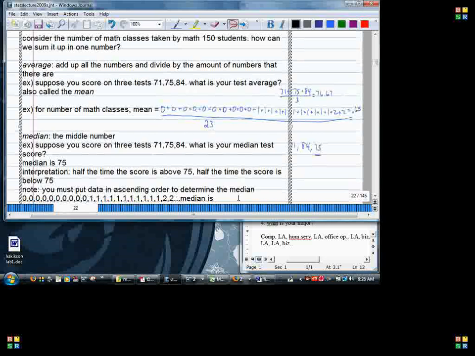So what's the median here for us? Yeah. So it's 1, and how could you figure that out from looking at the data? Yeah, the number that's in the middle. How do you find the number that's in the middle? Right. So there are 2 different ways to do this.